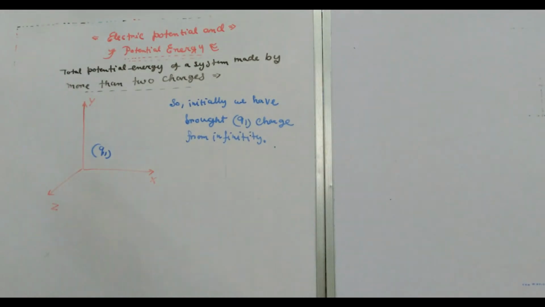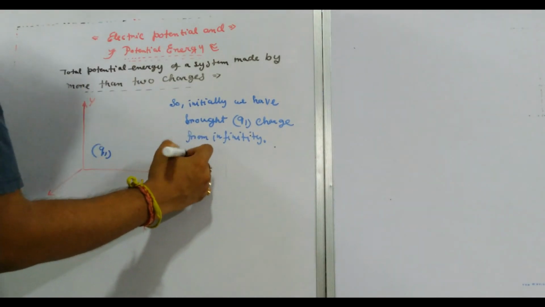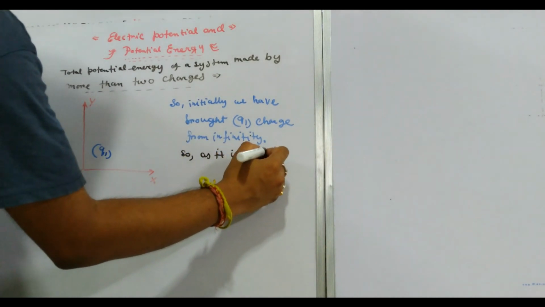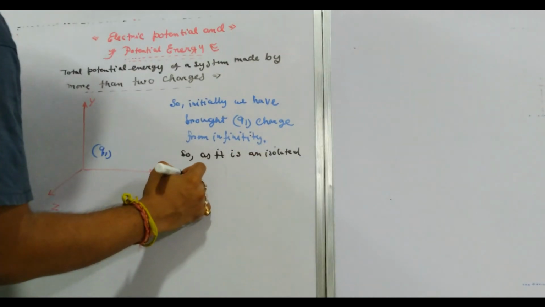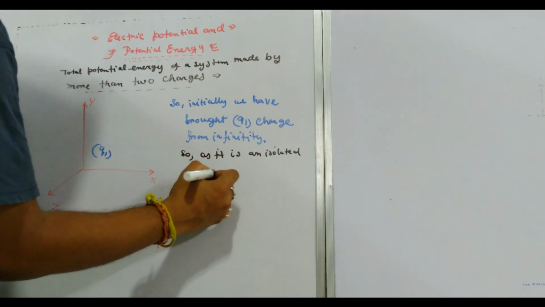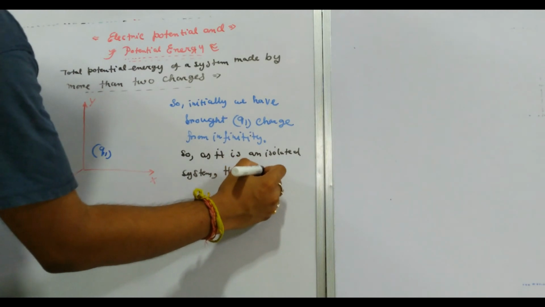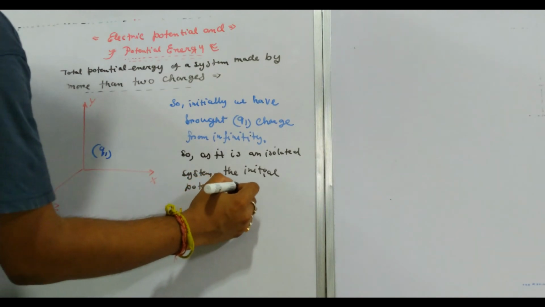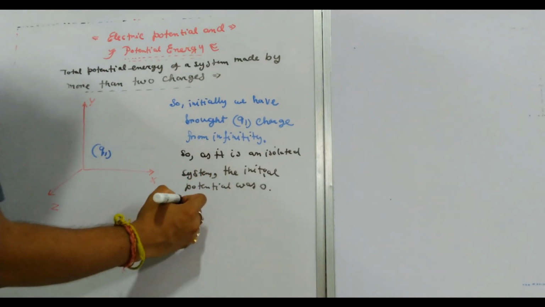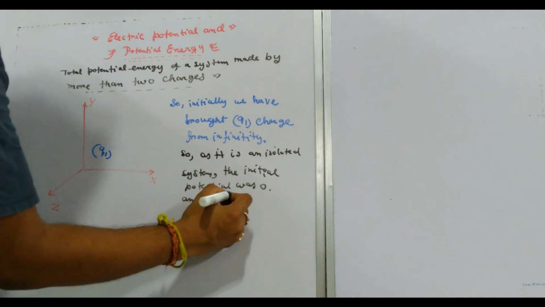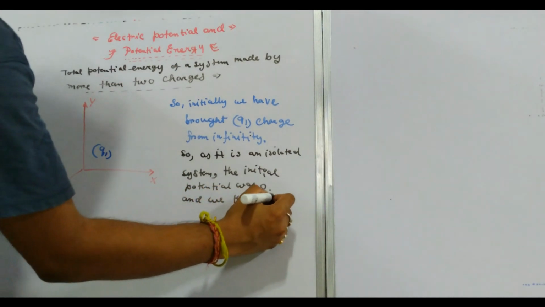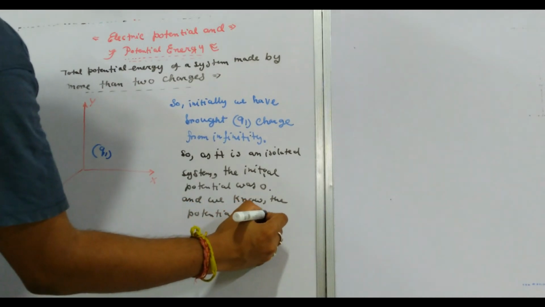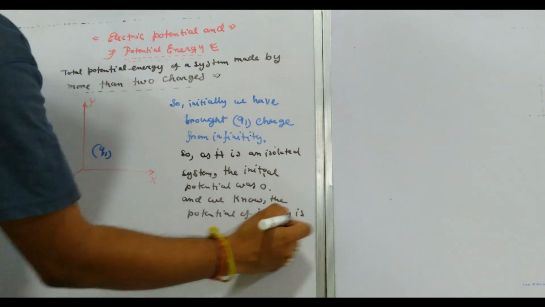And as this is an isolated system, the initial potential was 0, and we know the potential at infinity is also 0.